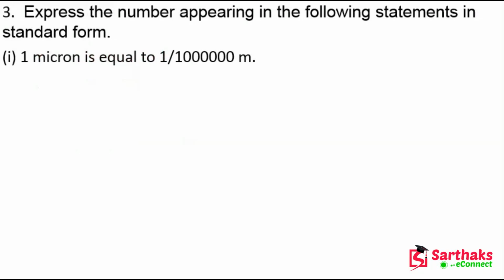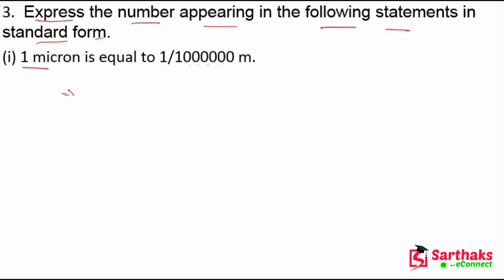Yes. Now the next one, here you can see that express the number appearing in the following statement in standard form. Okay. Yes. So here it is saying that 1 micron is equal to 1 upon 1,000,000. Okay. So how many zeros are there? 1, 2, 3, 4, 5, 6.